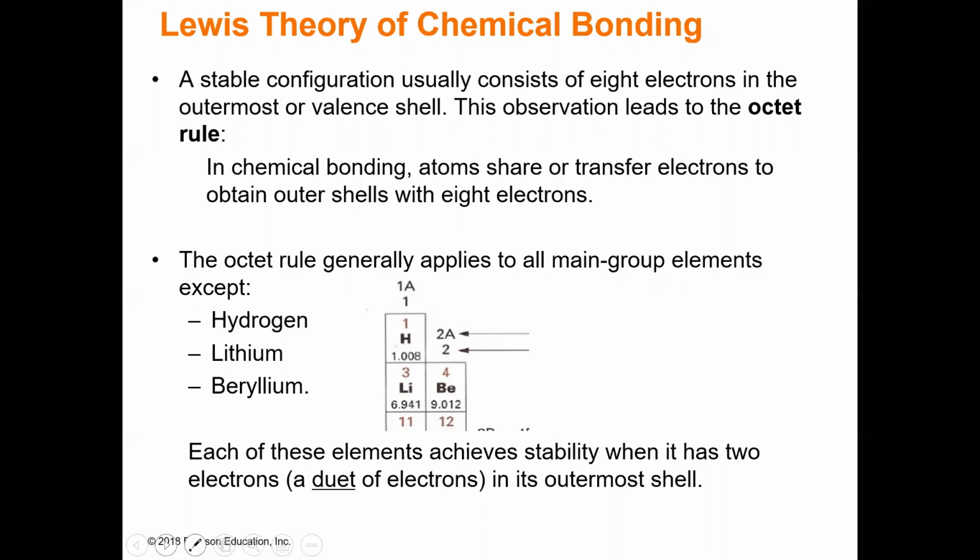When we do have these compounds or molecules, we also see that there's a few other atoms or elements that also do not follow the octet rule. These are hydrogen, lithium, and beryllium. So each of these elements will achieve stability when it has just 2 electrons, or what we know as a duet of electrons in its outermost shell.